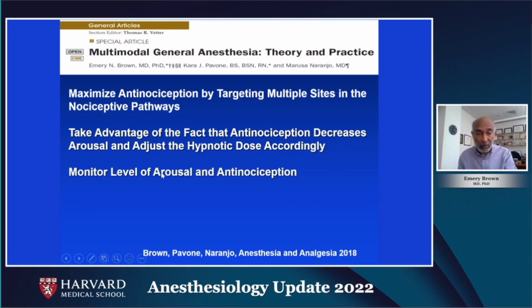To do this, you have to be able to monitor the level of arousal and monitor anti-nociception. For arousal, we're going to watch heart rate and blood pressure, and we're going to monitor the EEG. And for anti-nociception, we're going to monitor heart rate and blood pressure, just the way we do all the time clinically. And ideally, we should maintain a multimodal strategy once we get into the PACU.